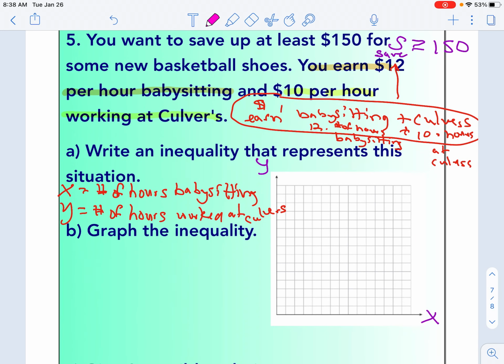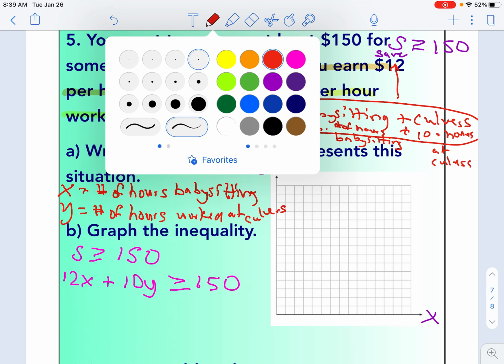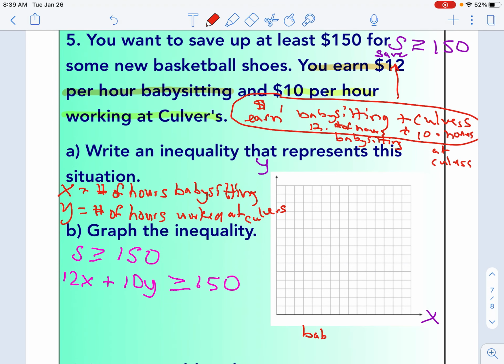The savings has to be greater than or equal to $150, and the savings comes from the babysitting hours and Culver's, so I take $12 times the number of hours I babysit, and I add that with $10 times the number of hours I work at Culver's, and that has to be greater than or equal to $150 if I'm going to buy the shoes. Okay, so there's my equation. My x, again, is representing babysitting hours.